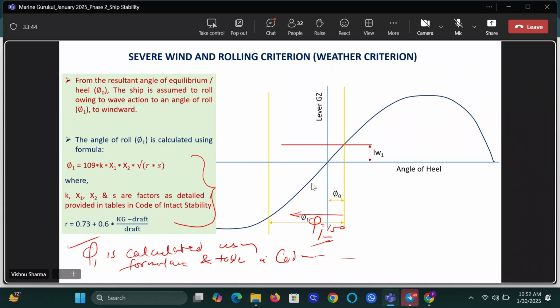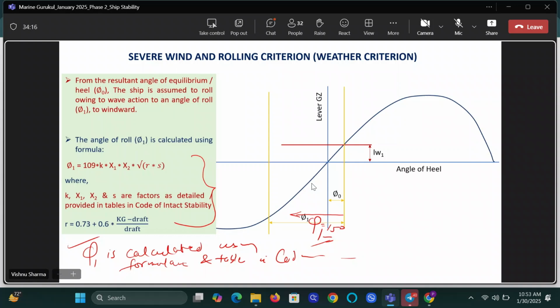Now IMO is saying, okay, first the wind affected, it heeled you to phi 0. Then the wave has hit you and rolled you to phi 1. Wave is always intermittent. Wave action is never fixed. They're saying now the wind, which was earlier causing LW1 and was steady, has now become gusty. Gusty means the wind has become stronger.